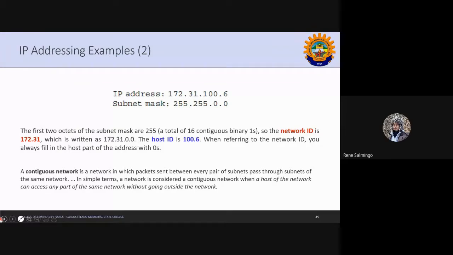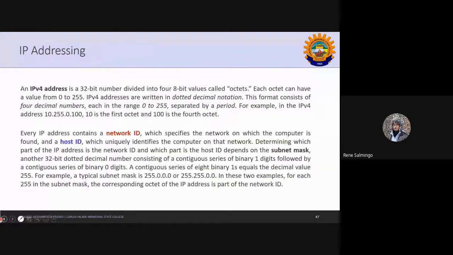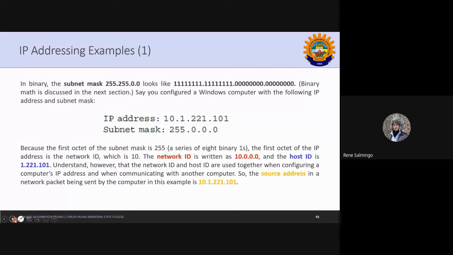Let's have some. Okay. This one, so which is your first octet? 255, sir. So 255, or eight.